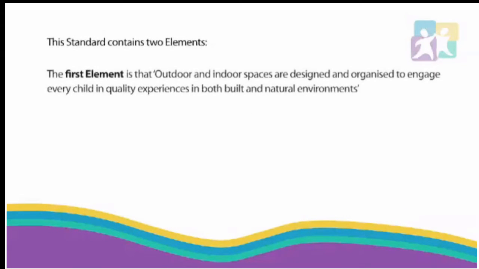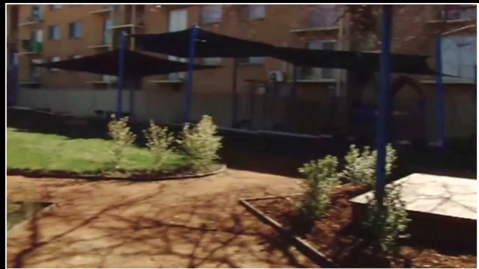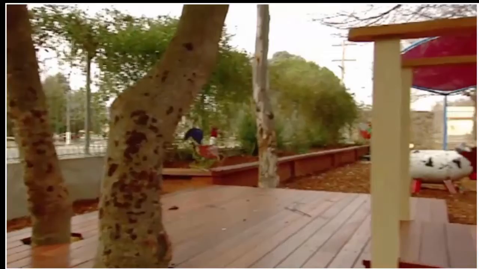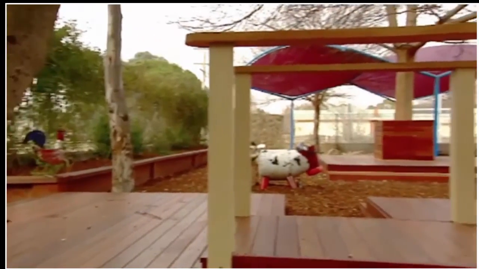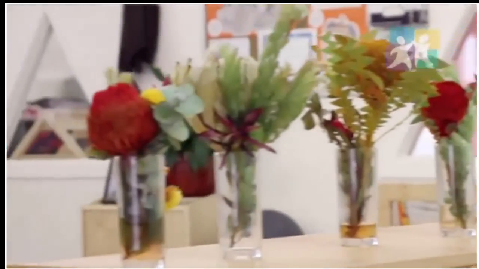The first element is that outdoor and indoor spaces are designed and organized to engage every child in quality experiences in both built and natural environments. It's the job of educators to think carefully about environments and to shape them so they provide good quality experiences for children. The design and organization of the physical environment has a powerful effect on children.